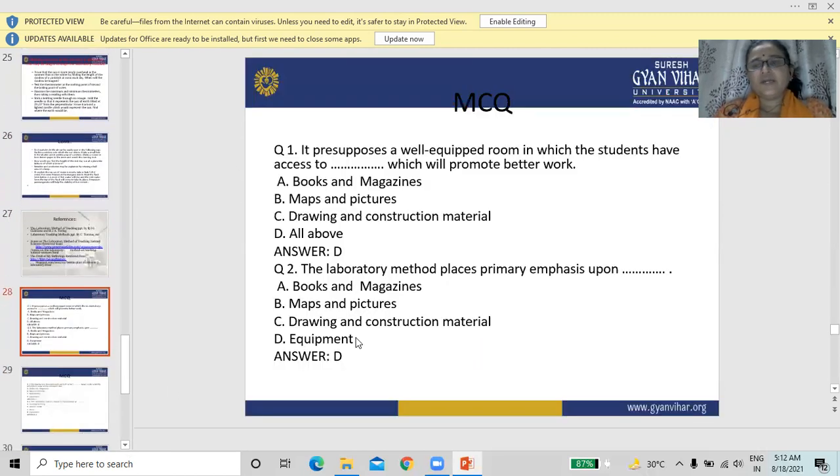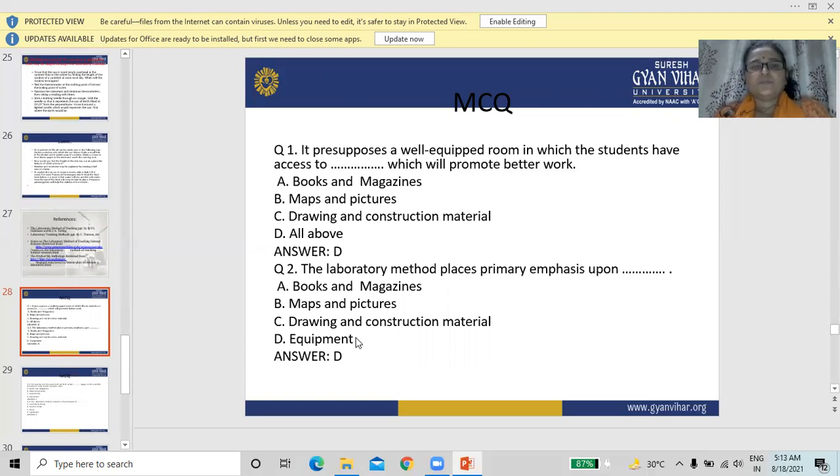Now, time for MCQs. It presupposes a well-equipped room in which the students have access to blank, which will promote better work.